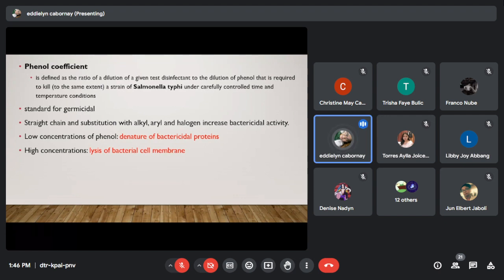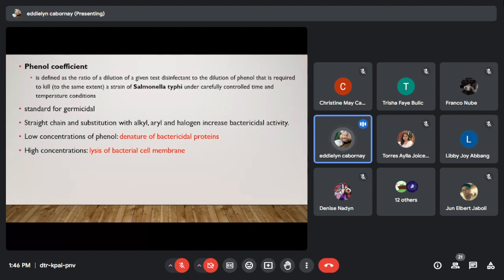Okay, so we have an example of phenol coefficient. If the dilution of the test disinfectant is 10 folds greater than the dilution of phenol, the phenol coefficient is 10. If the phenol coefficient of phenol itself is 1, it means that the chemical agent has the same level of effectiveness as phenol.